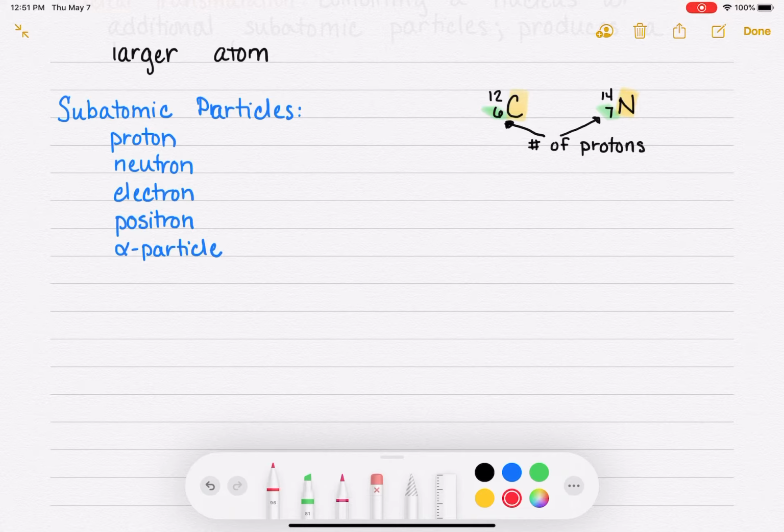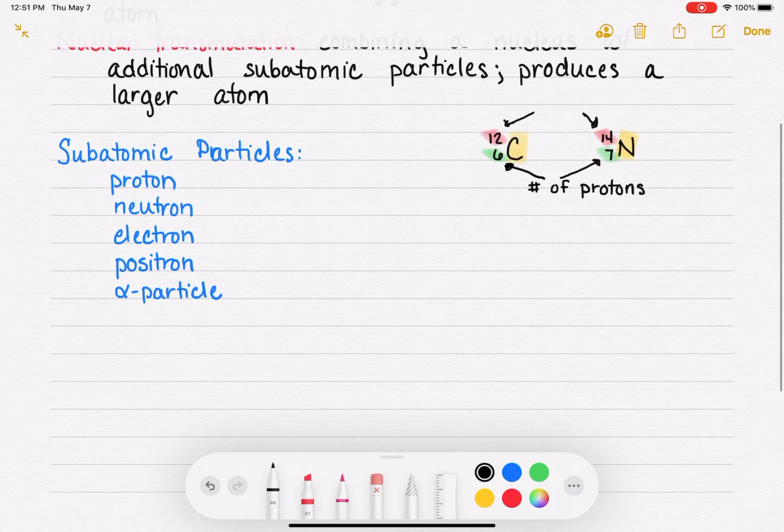And then you also learned these numbers up here at the top. These were our mass numbers. And these numbers were the combined total of protons and neutrons. So this was the number of protons plus the number of neutrons.